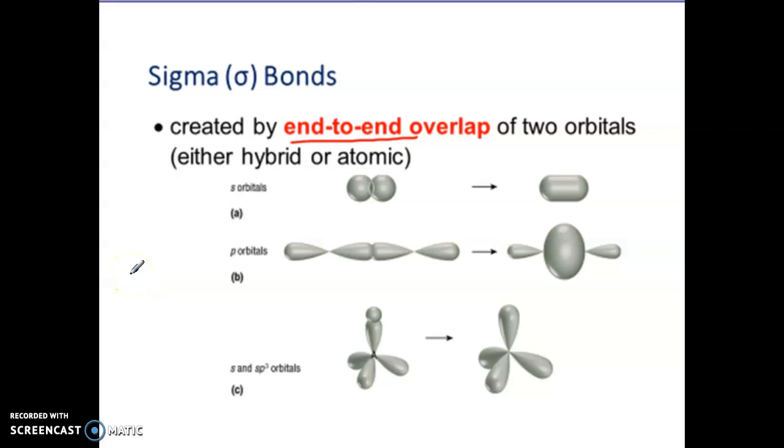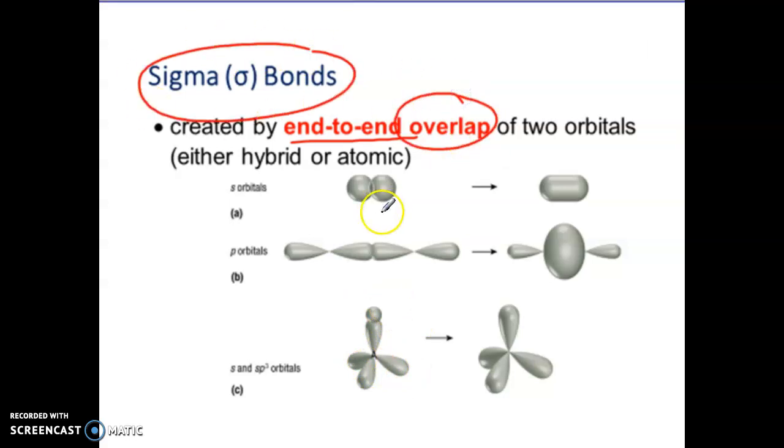We've seen S's can overlap, P's can overlap, you can have a P and an S overlapping, or you can have hybrids overlapping as well. So anytime you have this end-to-end overlap, these are sigma bonds, right? And we've seen all the examples we've done up till now have shown those types of bonds.